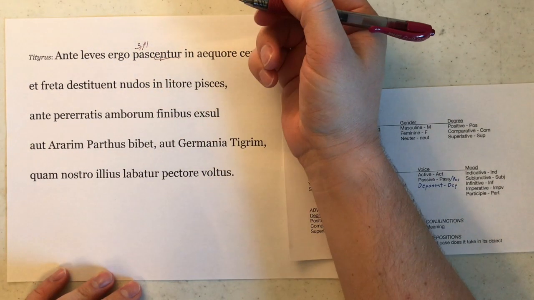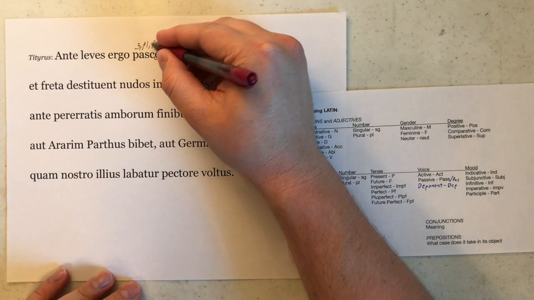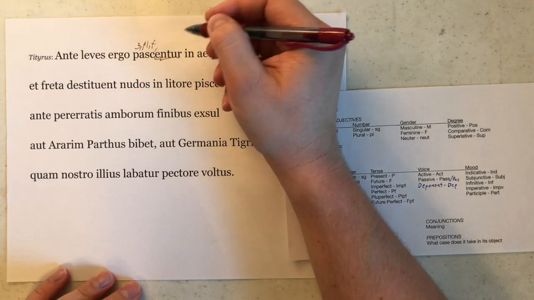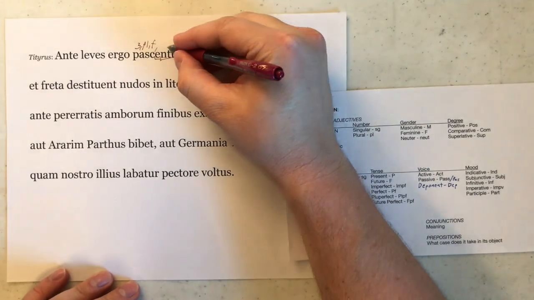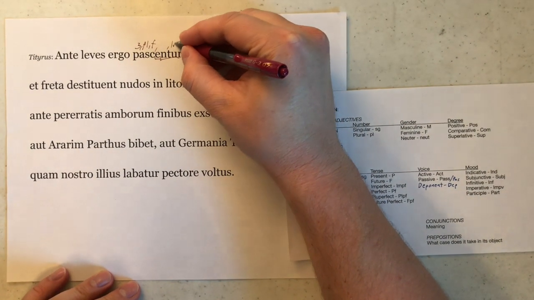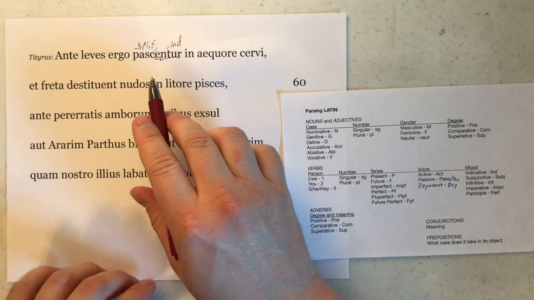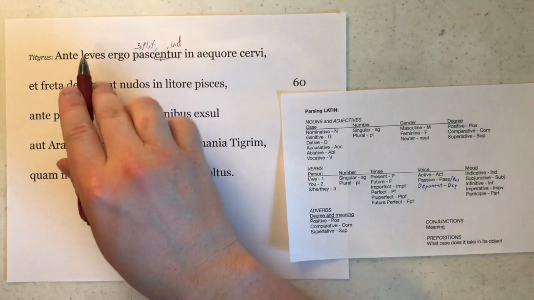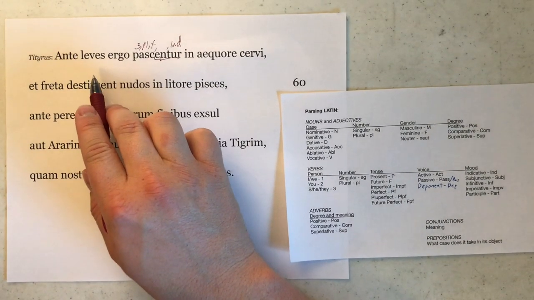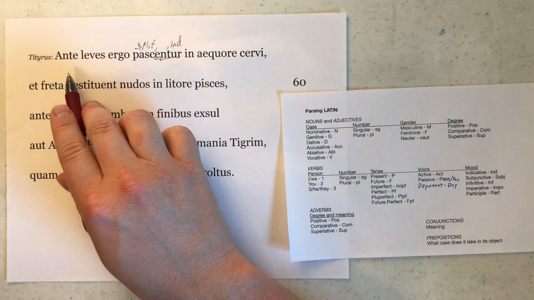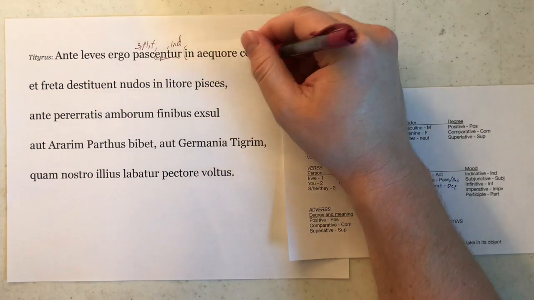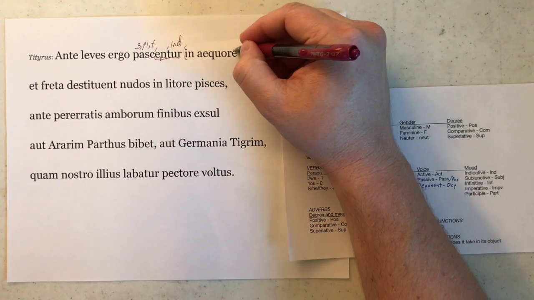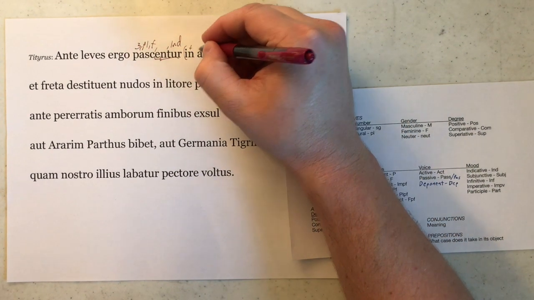Since this is a third conjugation, we know that it has to be future tense. And it is. As I said, I don't remember the rest, that's something I'll have to add in afterward. And then it is, of course, indicative. So we want to find a plural subject, which leves could be, but leves is an adjective, and it's right there with ante. So we need to look further in. Prepositional phrase right there, and with aequore, that E, which is actually short, this is going to be an ablative.